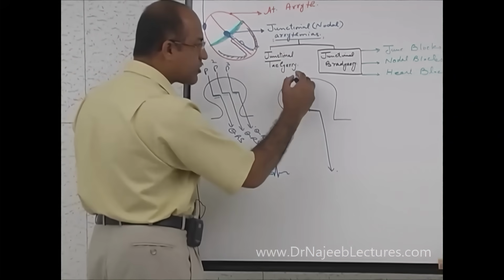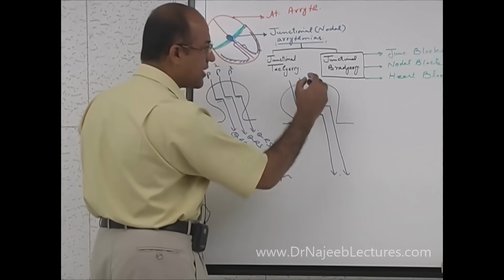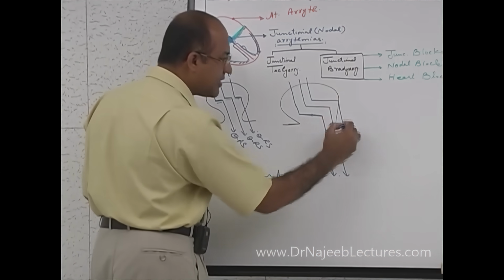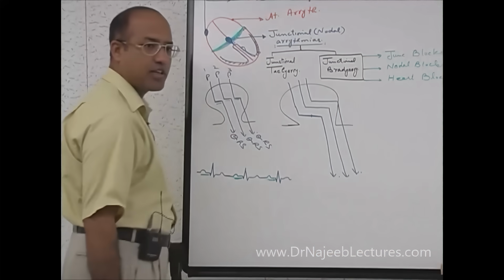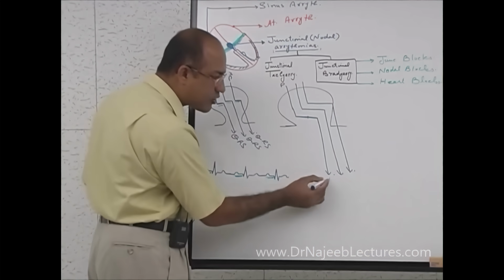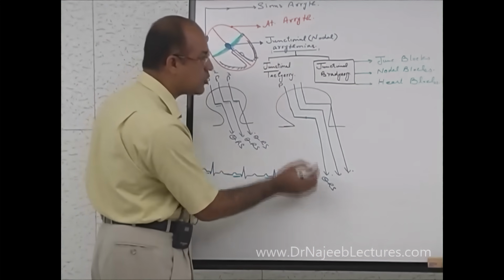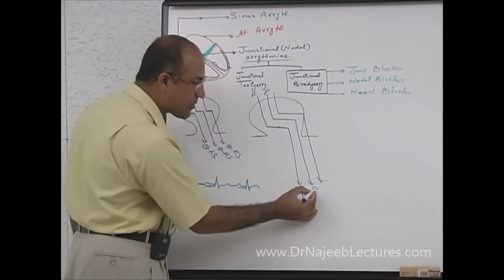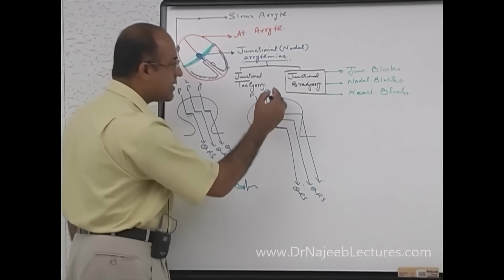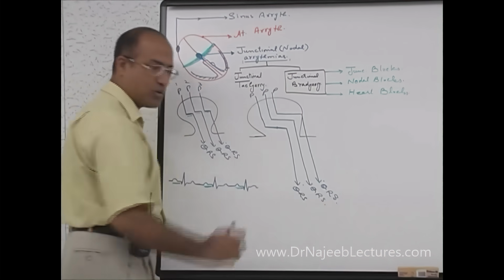The next wave came, it was also unusually delayed, then it exited. The next wave came, unusually delayed, but then it came to the ventricles. It means every atrial activity was conducted to the ventricle. Every P was followed by QRS, but there was a problem. What was the problem? That there was an unusually long delay in the AV node.